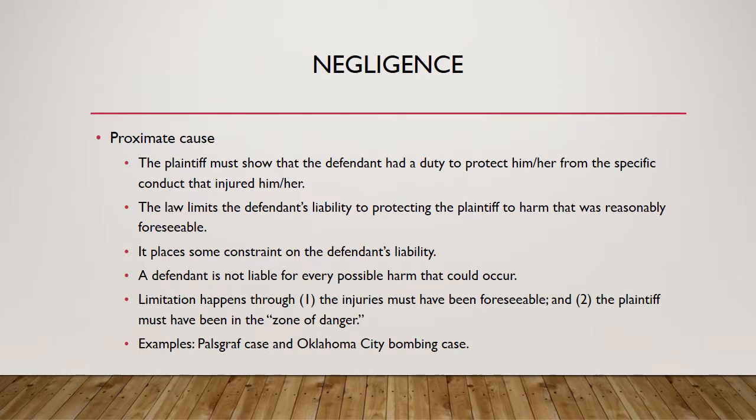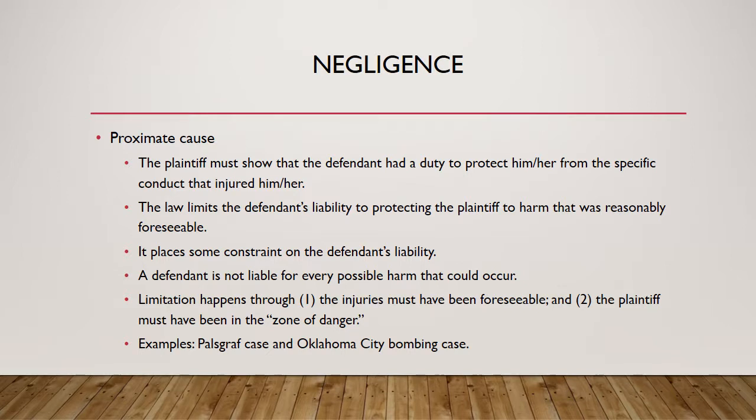In that case, you have the plaintiff who is standing at a railroad station as someone is getting on a train. The plaintiff is standing over near the building, and there are some scales hanging on the wall or from the roof. I'm not sure, but there are some scales hanging near where the plaintiff is standing.